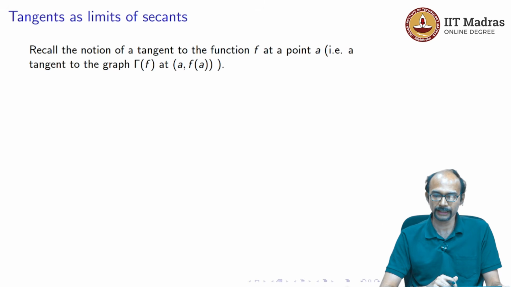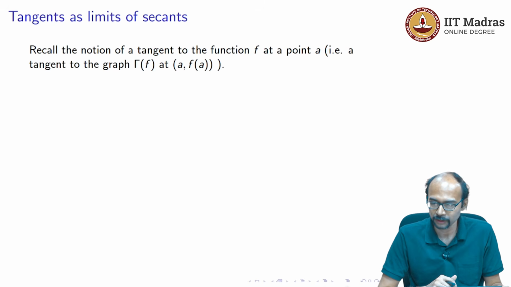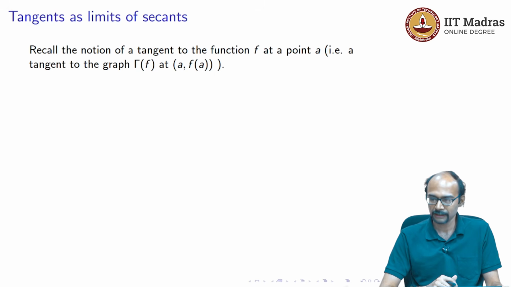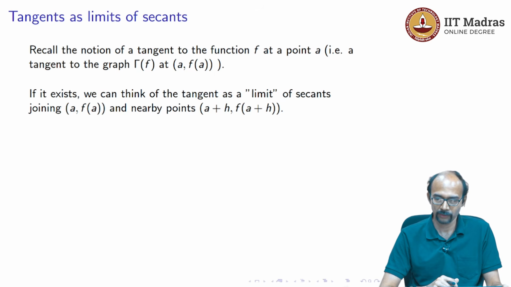So, recall the notion of a tangent to the function f at a point a, that is a tangent to the graph gamma f at a comma f of a. If it exists, and this is the key point, if it exists, we can think of the tangent as a limit of secants joining a comma f of a and nearby points a plus h comma f of a plus h. Now, you may wonder what is a secant if you have been away from geometry for a while. A secant is a line which is obtained by joining 2 points of a curve.